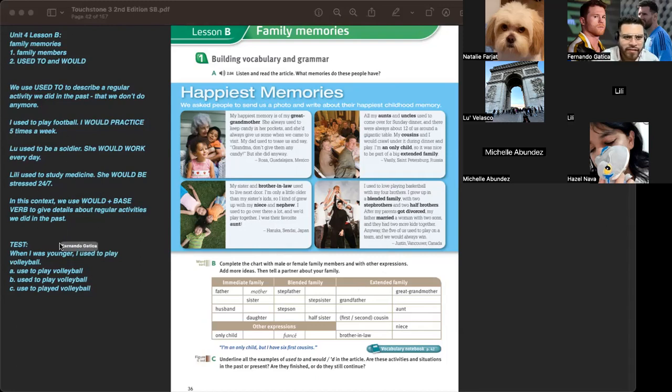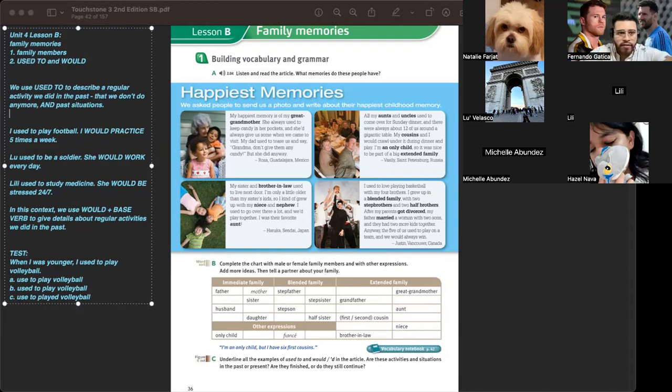Look, we use used to describe a regular activity we did in the past that we don't do anymore, and past situations. For example, I used to live in North Carolina.